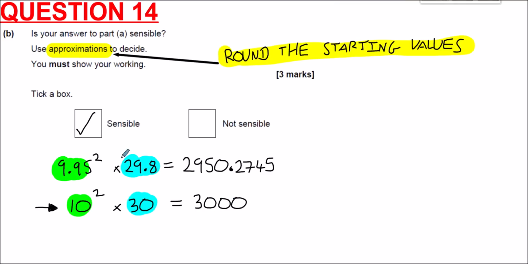So let's compare the actual calculation at the top to the rounded calculation we've done below.